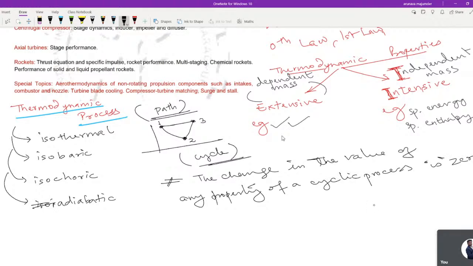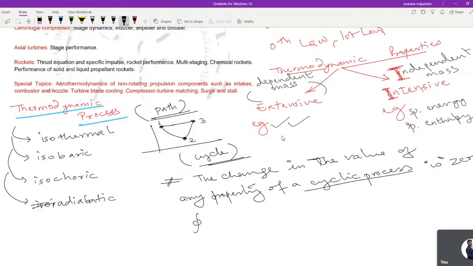If you go through our 12 years of question papers, almost every year or every other year you can find this question or the concept of this question. They ask for 1 or 2 marks from this particular topic, the cycle. The change in the value of any property of a cyclic process will be zero.